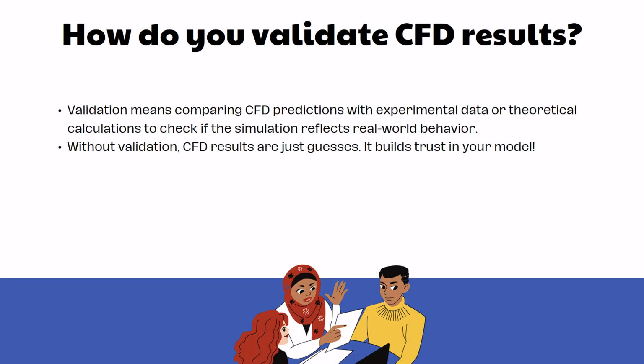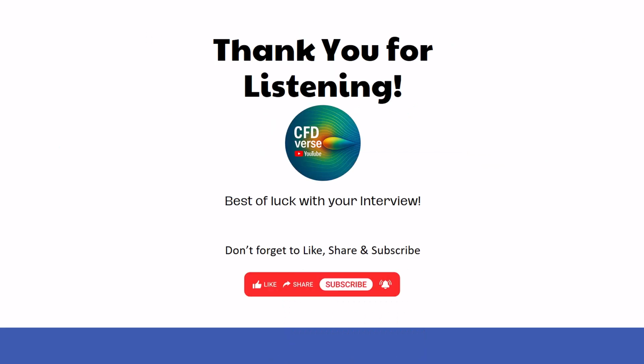Without validation, your CFD results are just guesses, or you can say that as per your CFD setup, you have used every condition perfectly, and based on convergence, mesh independence, everything, you can say my CFD results are correct. But to validate them, you will need some kind of experimental data or theoretical calculations.